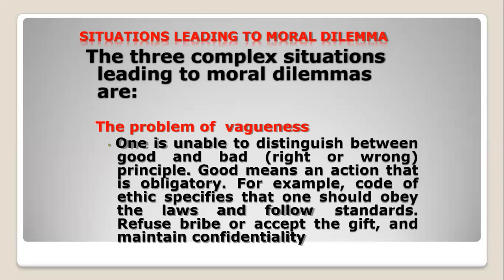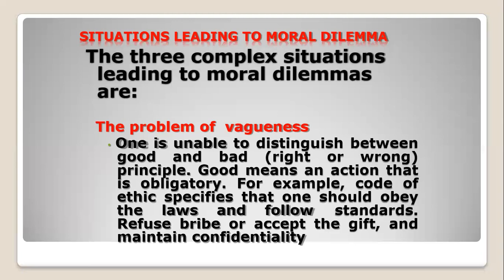This situation is a moral dilemma because the engineer is unclear about what to do: whether to accept the gift or not, whether the thing offered is a gift or a bribe, and whether it will create a conflict of interest. Thus, the problem of vagueness, that is unclarity, causes a moral dilemma.